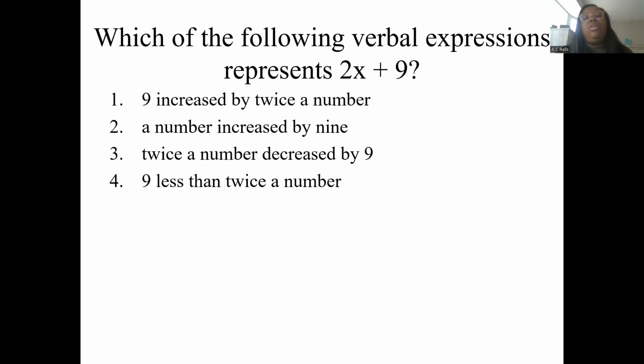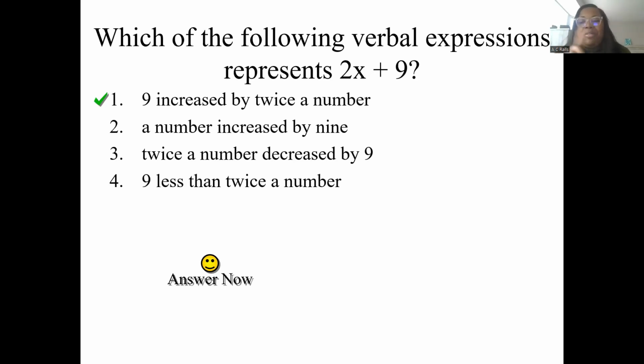All right, so which of the following verbal expressions represents 2x plus 9? The only way that we can really do this one is by picking number one, even though increased by is not a turnaround word.